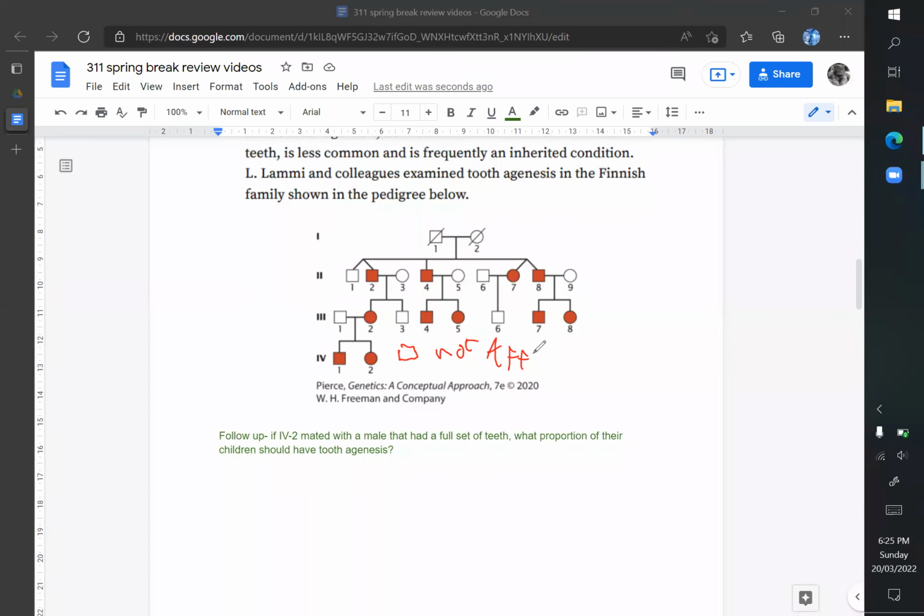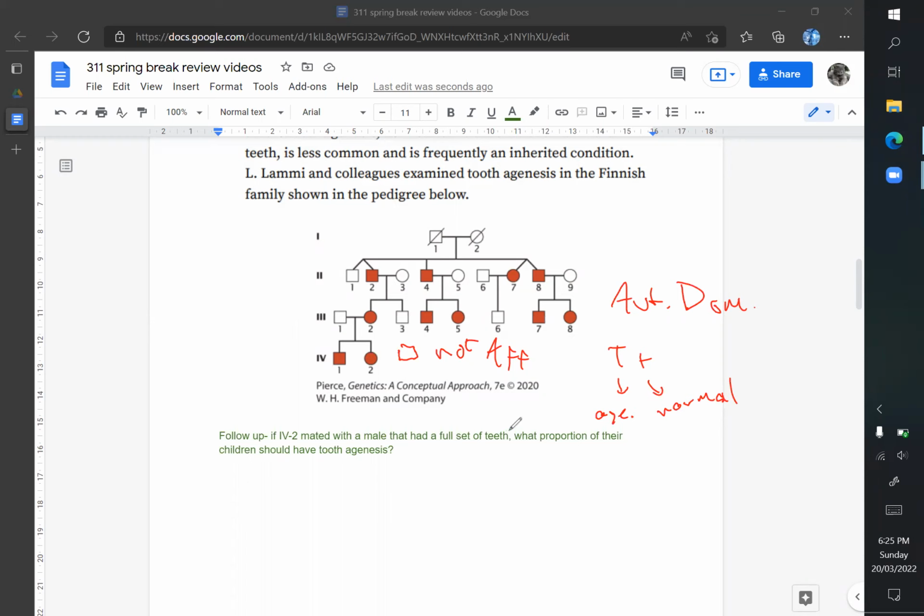So this female, we have established that this is autosomal dominant. And so we can assign some letter. Let's say that the alleles for this are capital and lowercase t, where capital T is for tooth agenesis, and lowercase t is normal, having the normal or full amount of teeth.